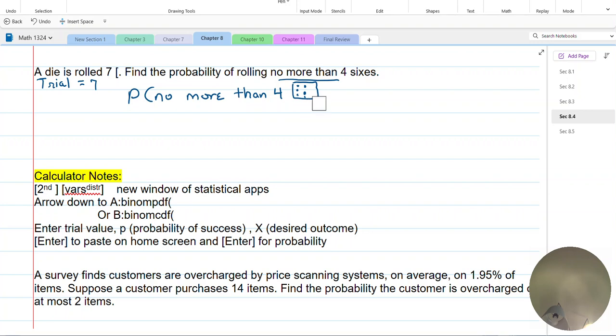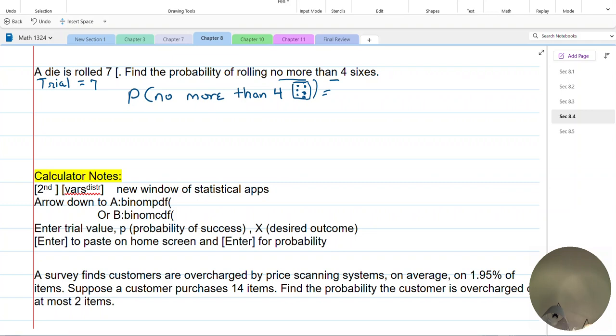Die too big, didn't I? So we want only 4 sixes, no more than. We can have less, but we cannot have more.